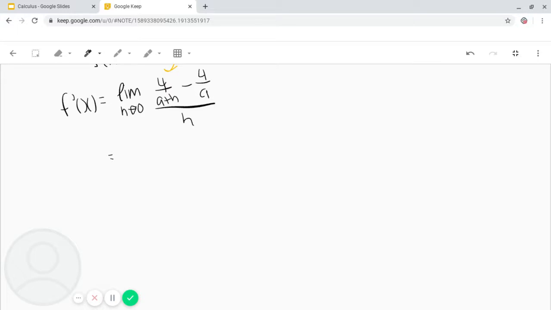So then we can simplify this a little bit just by finding a common denominator for those two in the numerator. So this would just be 4a minus 4 times a plus h, all over a plus h times a, all over h.